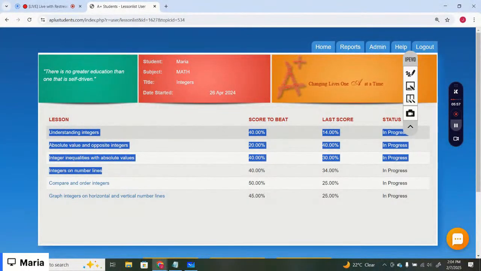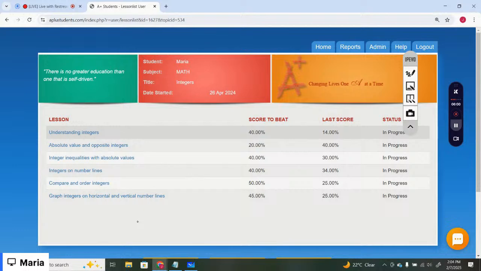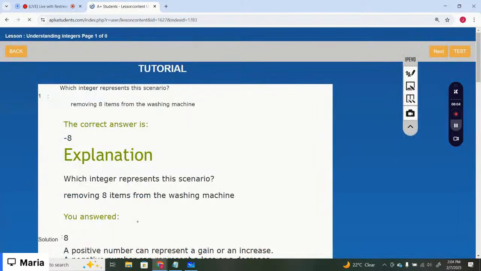Here I am on the grade 7 math lesson, understanding integers. Which integer represents the scenario? The scenario is removing 8 items from the washing machine.